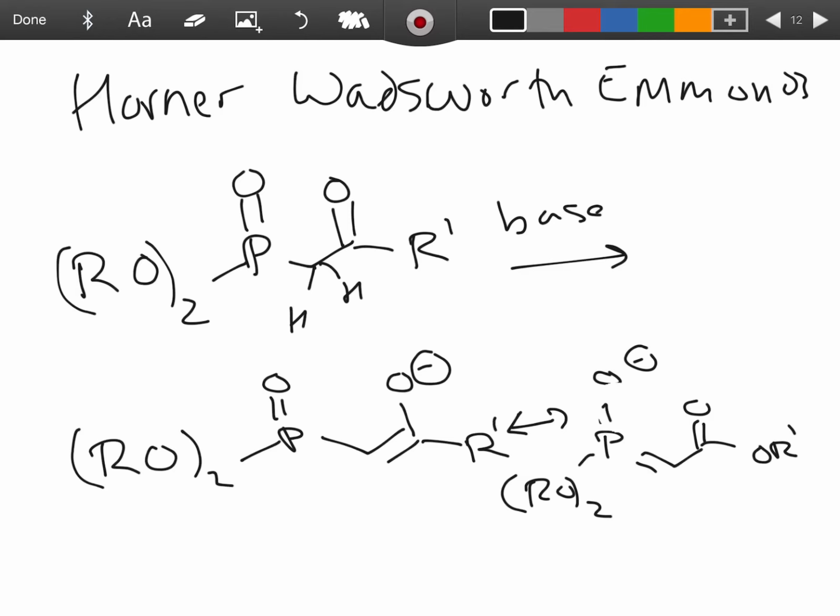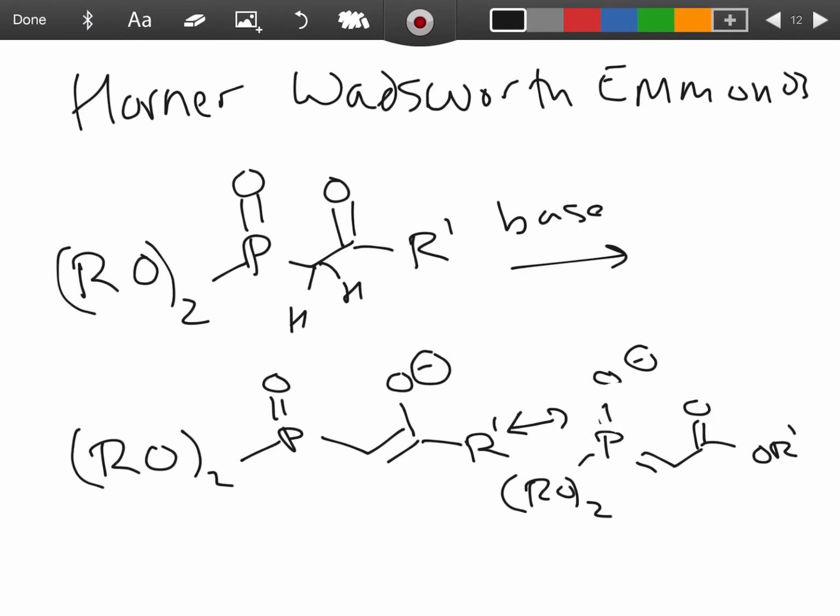So that enolate, that carbanion, can move between the two oxygens. I have two possible structures for it. So it's a stabilized anion, it has extra resonance structures.